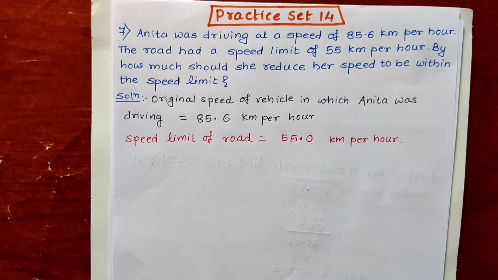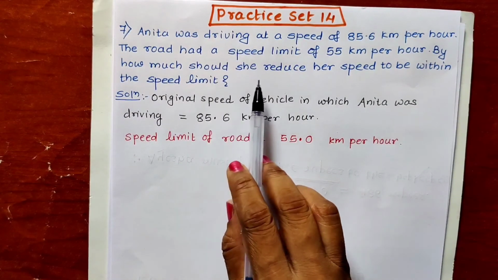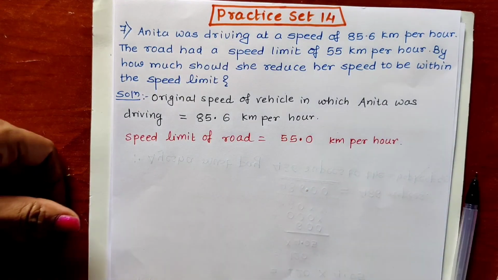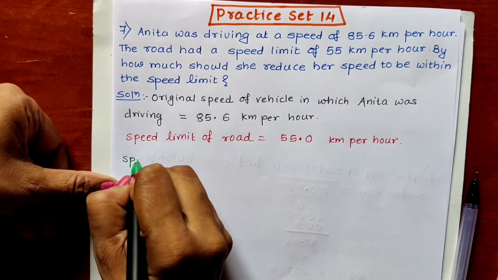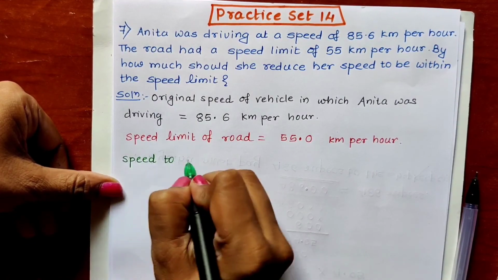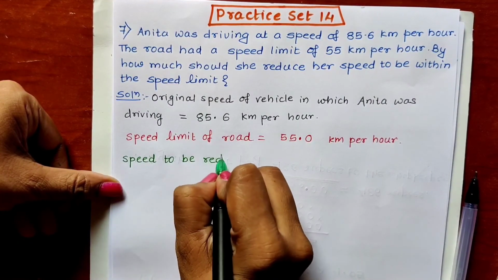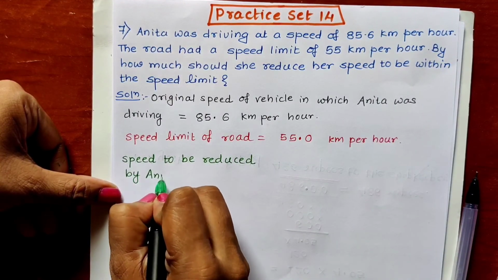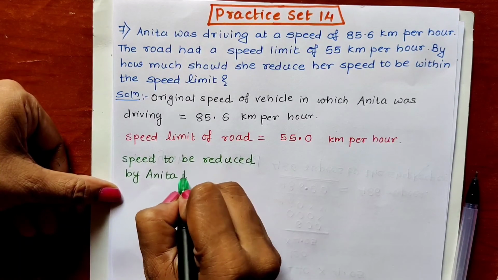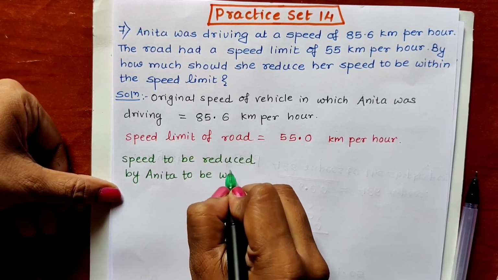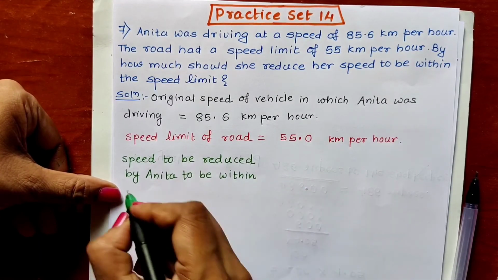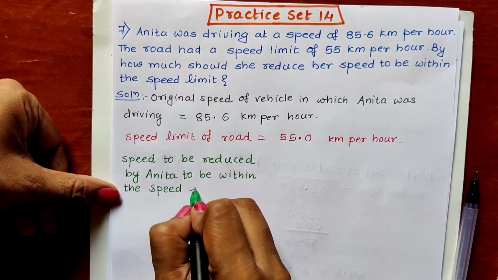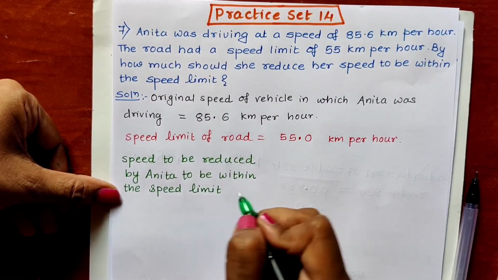Now what we have to find out? How much should she reduce her speed to be within the speed limit? So speed to be reduced by Anita to be within the speed limit. She has to be within the speed limit, and for that she has to reduce the speed of her vehicle.